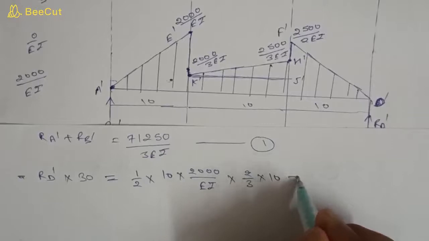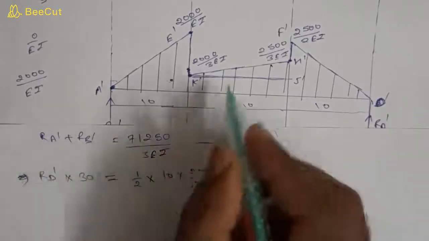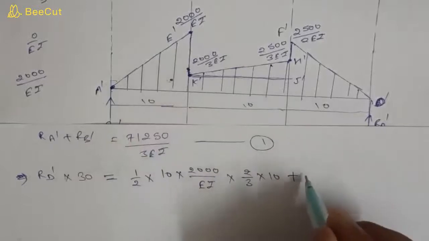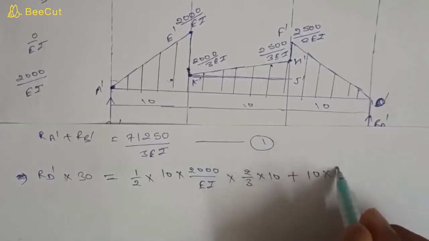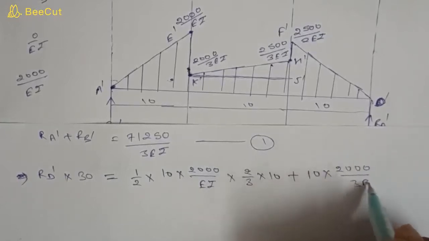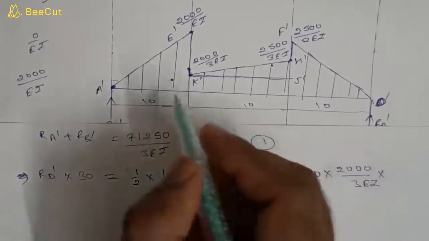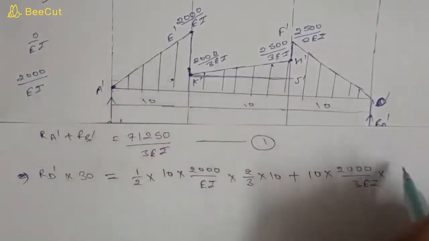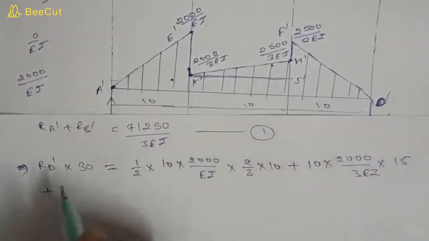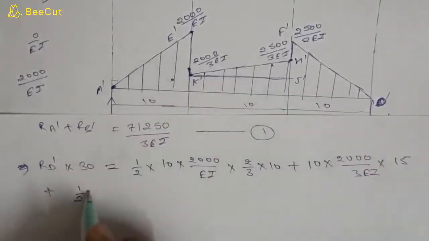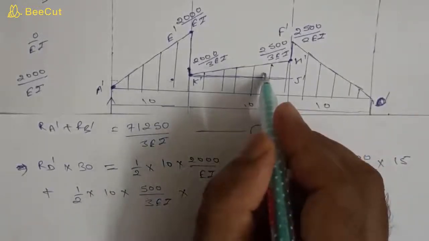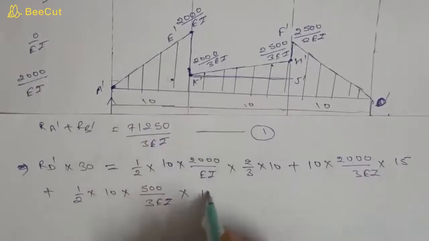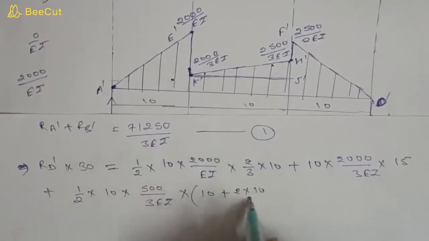plus the rectangular load, the load will be base 10 into height 2000 upon 3EI, this is load, into the distance from the centroid, 10 plus half of 15, plus the triangular load, half into base 10 into height 500 upon 3EI into the distance of centroid, which will be 10 plus 2 into 10 by 3.